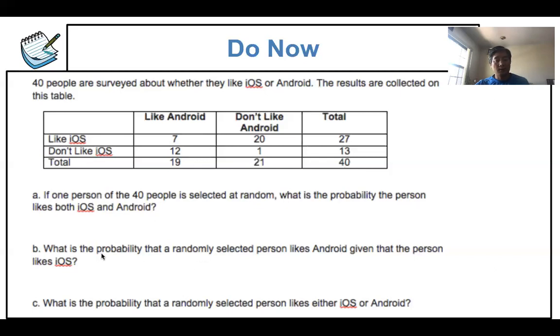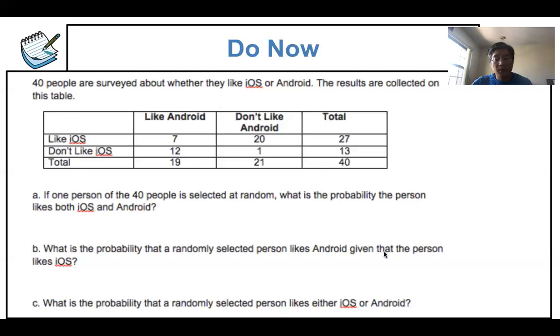Now how about, what is the probability that the selected person likes Android, given that the person likes iOS? What does "given that" do? This is a conditional probability. This condition narrows down the total sample, right? The denominator will change.